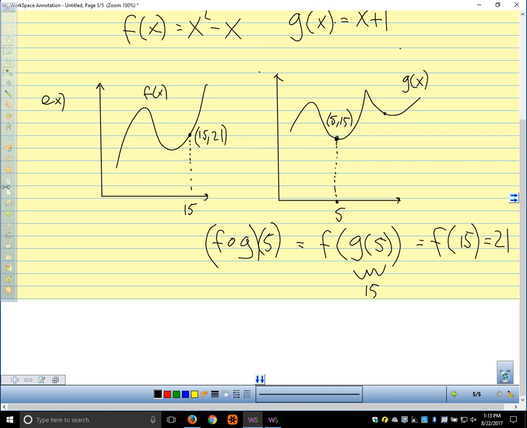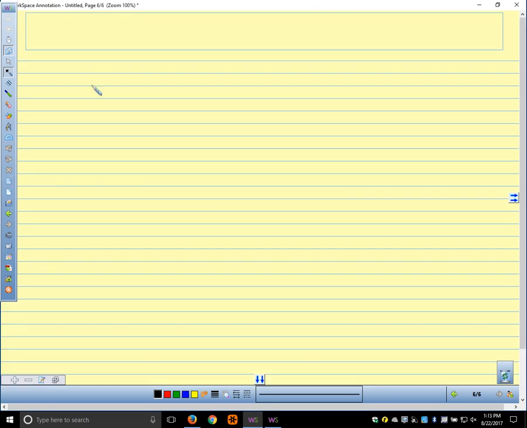All right, the last example. Let's say we have two graphs on the same set of axes. See if I can draw a decent picture here.